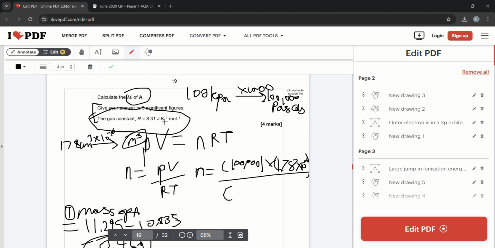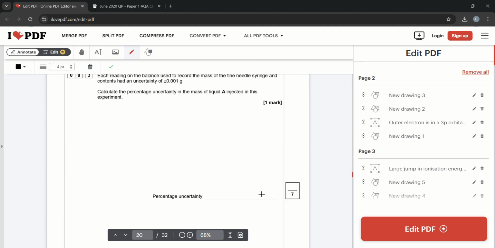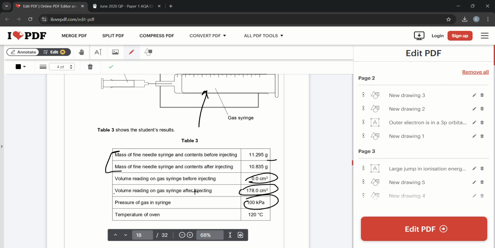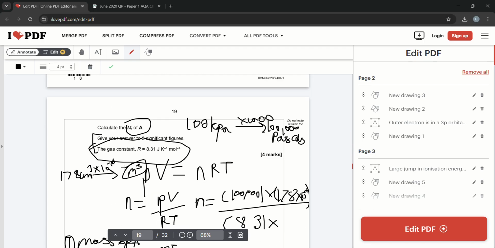Over R, which is 8.31, times by temperature. The temperature is 120 degrees Celsius, which we want in Kelvin, so add 273: 393 Kelvin.